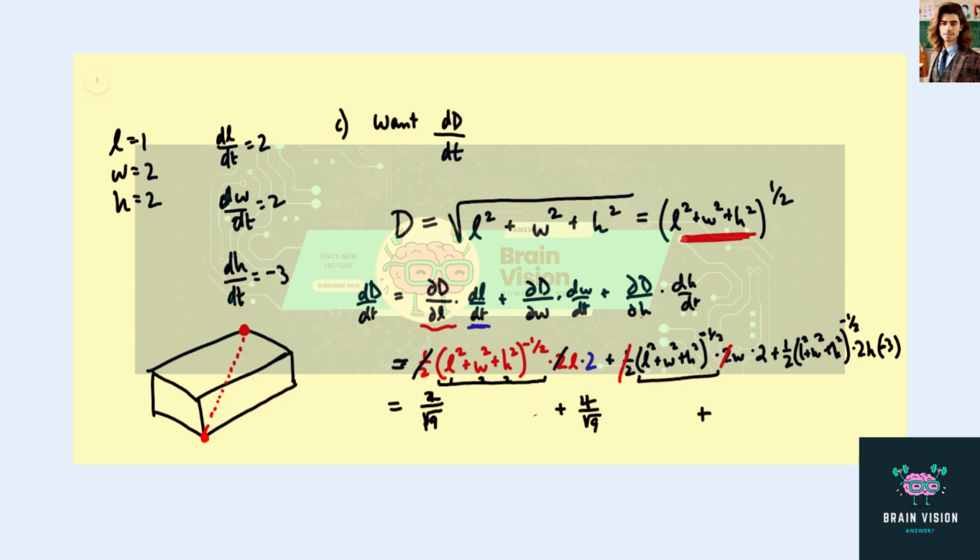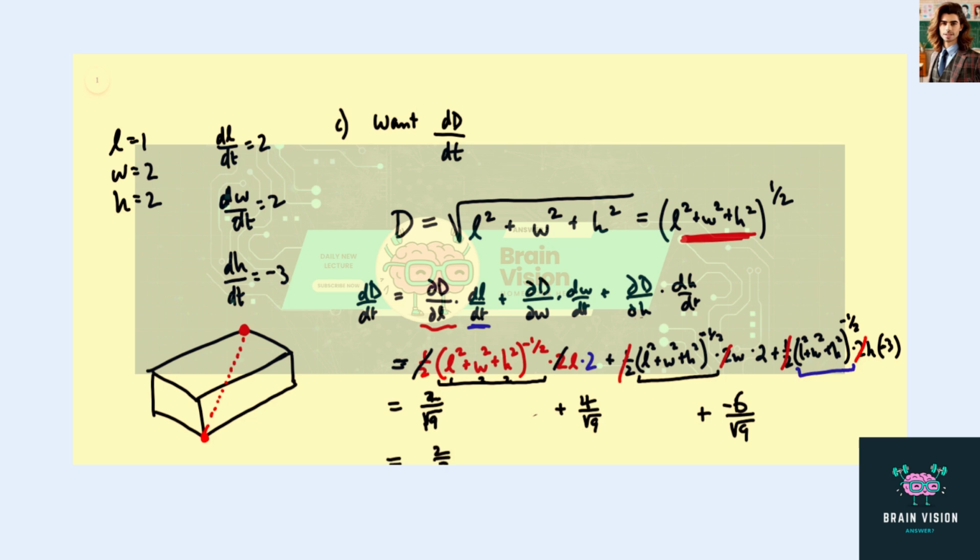And finally, once again, this part we know already gives us 1 over the square root of 9. The 1/2 and the 2 cancel. We're left with H times -3, but H is 2. So 2 times -3 is -6.